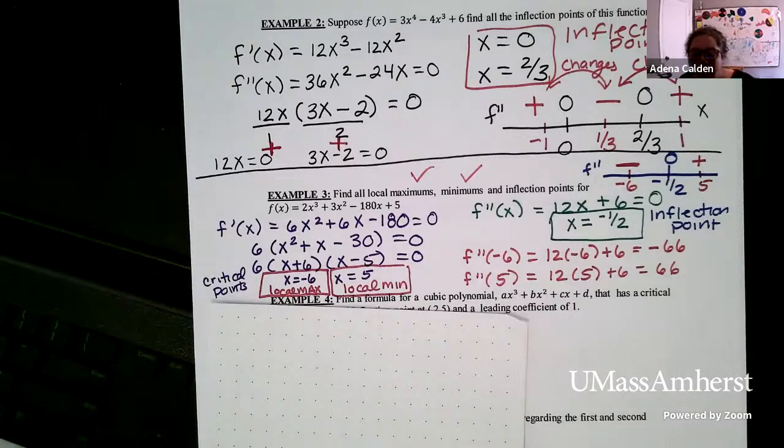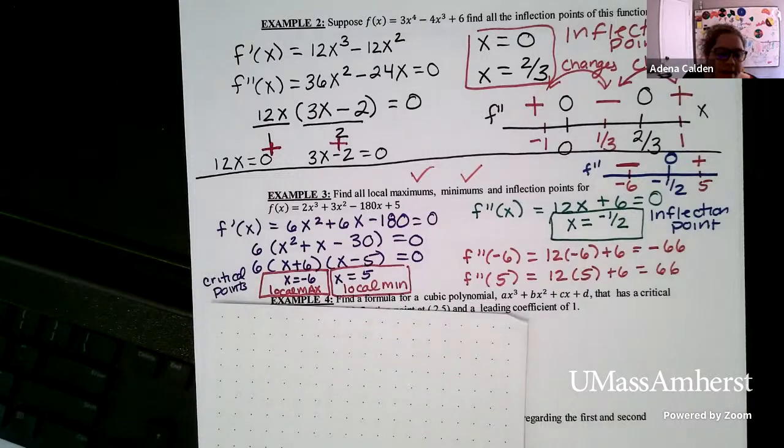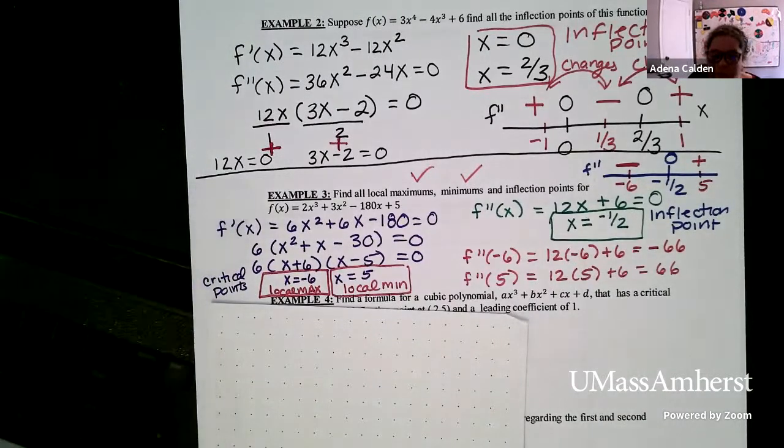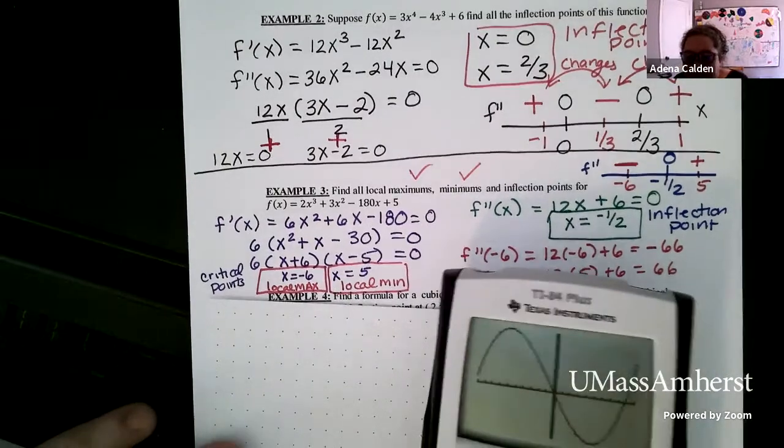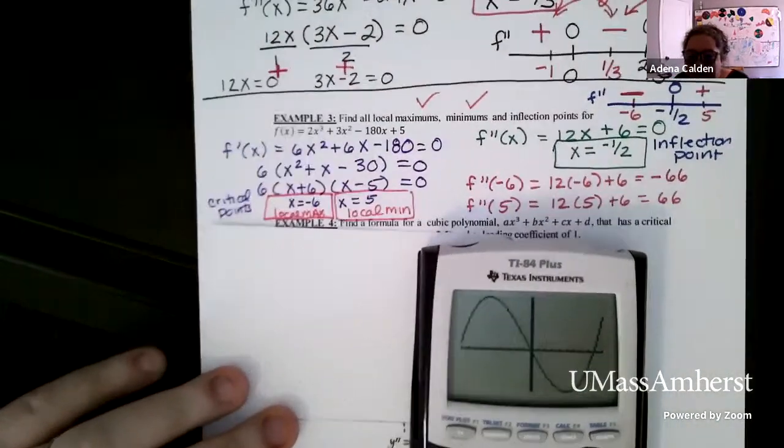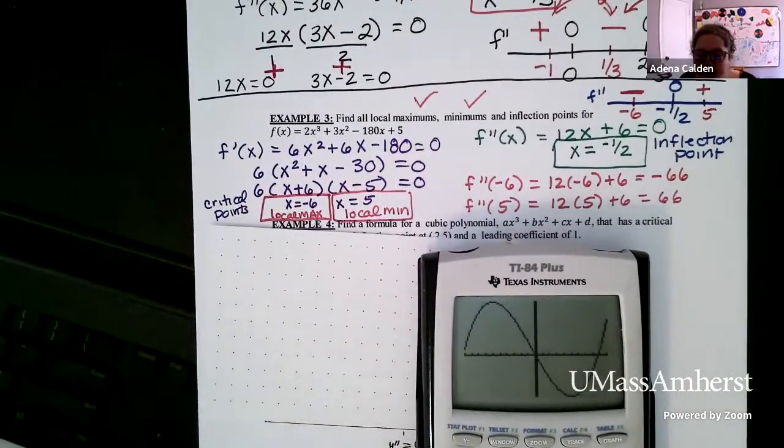Whenever you have a problem that's sort of this long and complicated, I do recommend that if you are able to, you check the graph of the original function to make sure that it agrees with what you're saying. And so I graphed this on my calculator here. I'm just going to put this up here. The general graph looks like this.